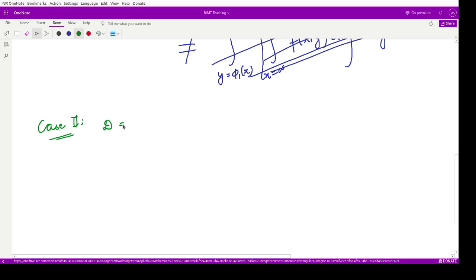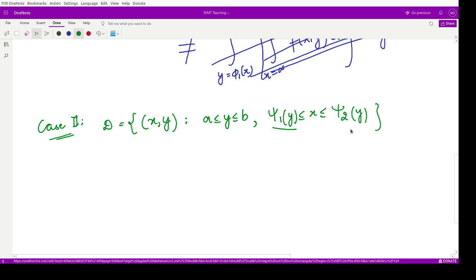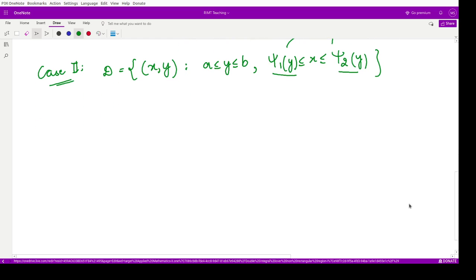Say the region D contains all the points x, y such that y varies between the limits a and b, and x varies between the limits psi1 of y and psi2 of y, where psi1 and psi2 are some functions of y. So in this case, how would your region look? Suppose this is my y-axis, this is the x-axis, and this is the origin.